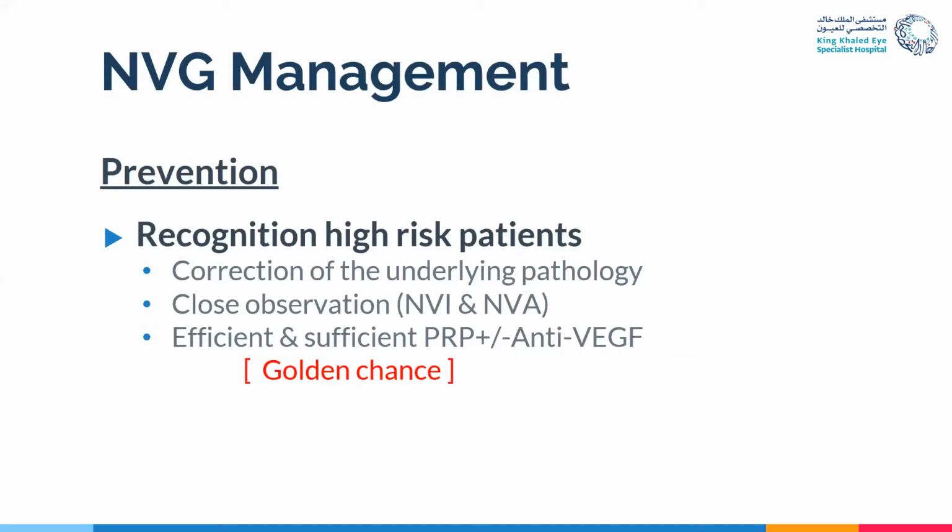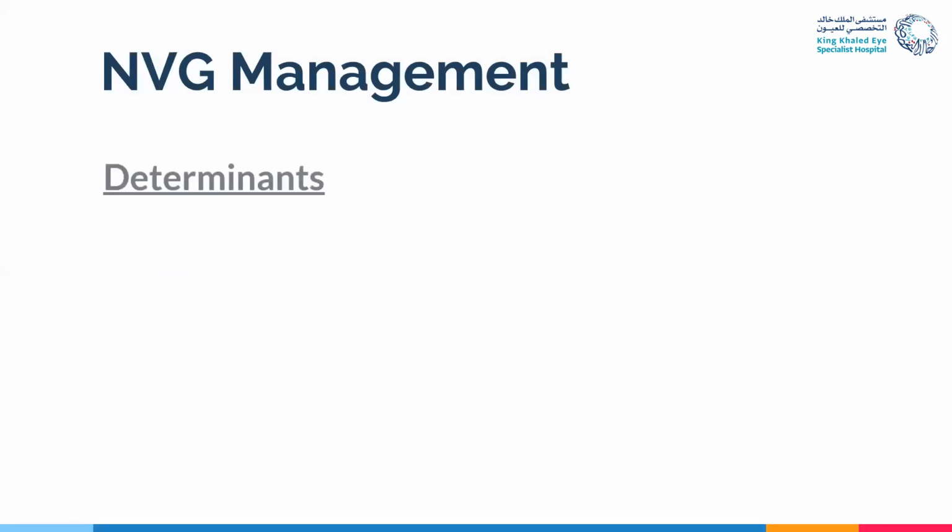So I need to be very careful and look for the early signs of neovascularization. Once it is there, I discover it. This is the golden chance to give the patient the most appropriate treatment and prevent the development of neovascular glaucoma.